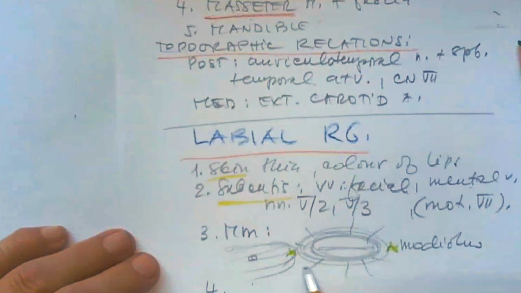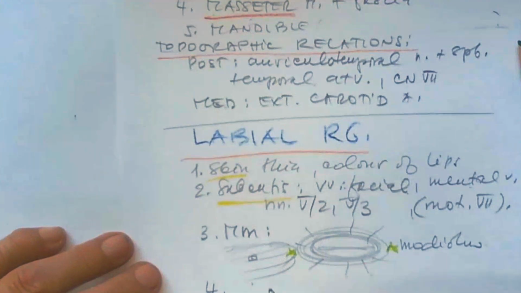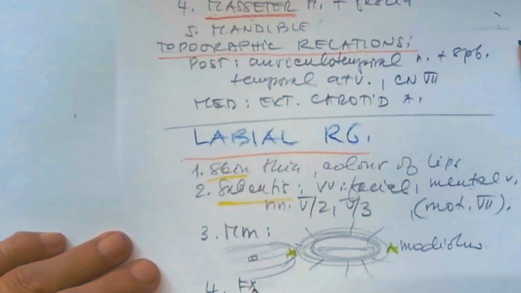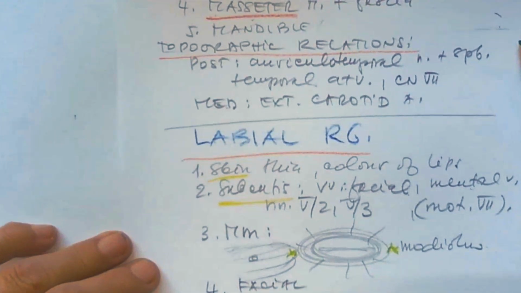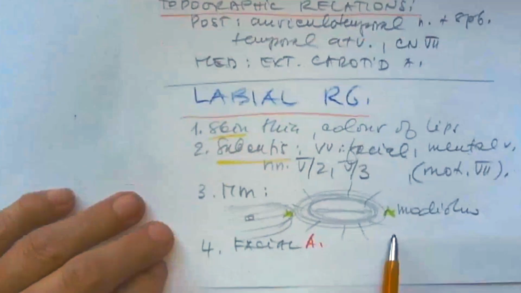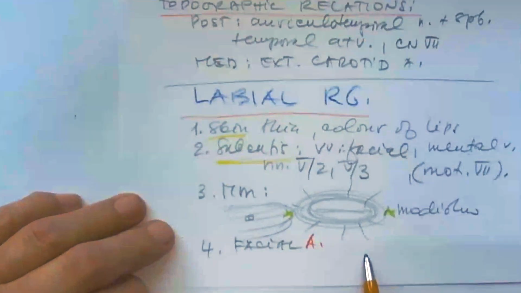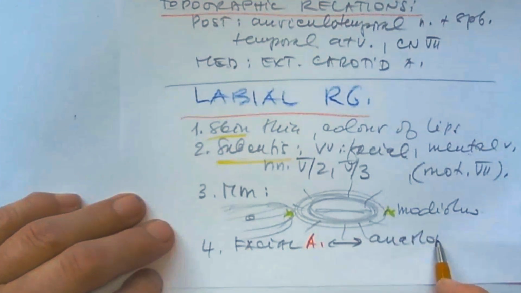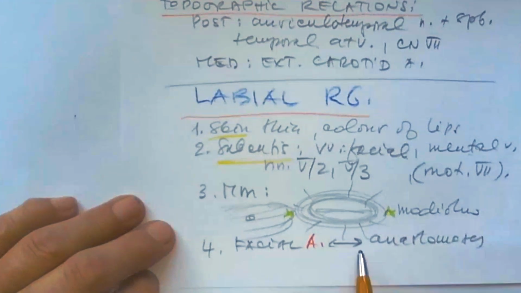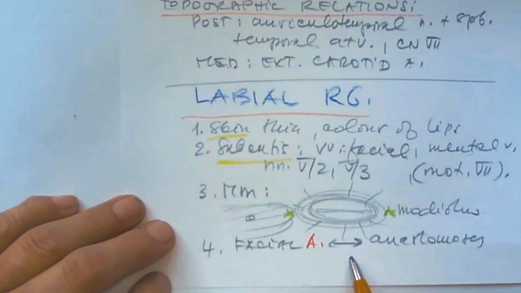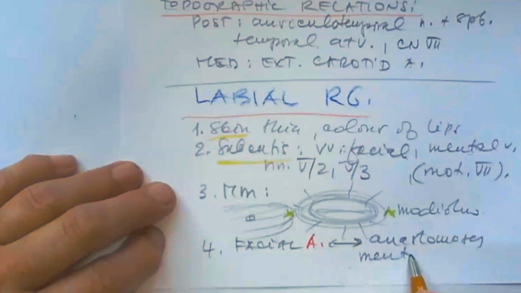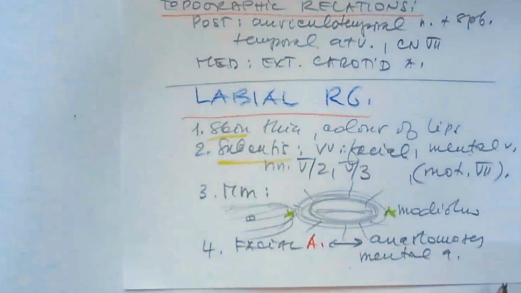Because we already said, at the same level lies the facial artery. We said several times that the arteries are situated at the same level as the muscles. Again, we mentioned anastomosis with the others, with the inferior labial and with the mental artery.